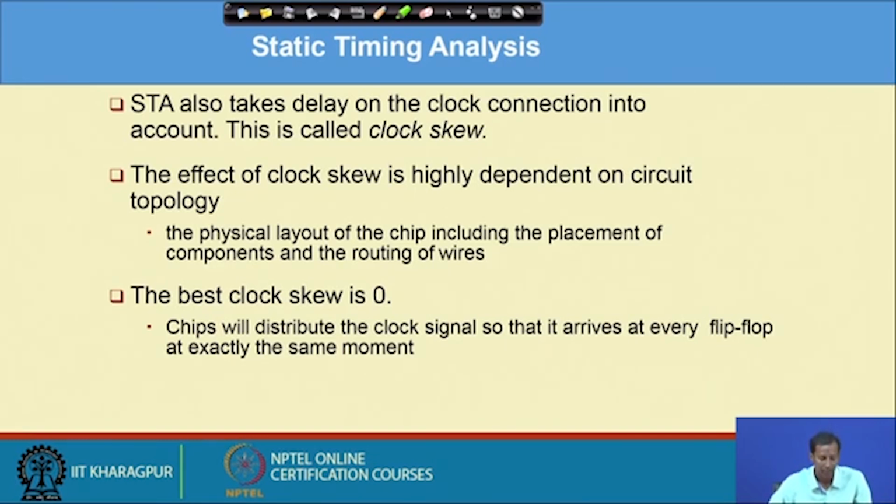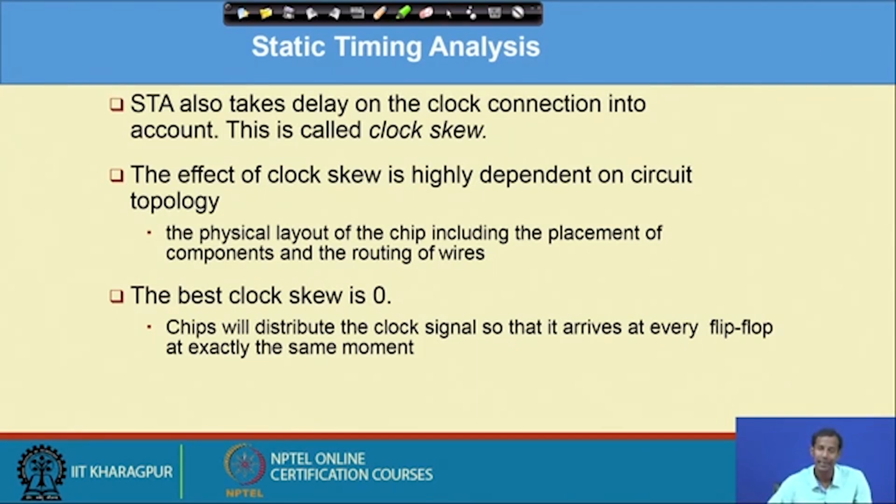Okay. But as I said, skew is sometimes better, and sometimes it is the worst case condition for our circuit design.